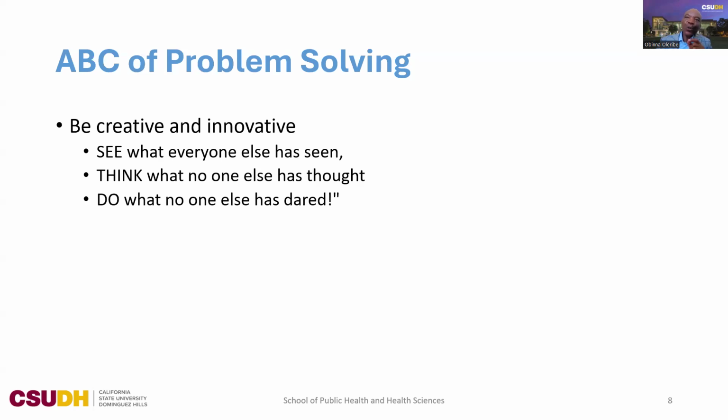Then you must think what no one has ever thought about. You analyze it from a fresh perspective, question the assumptions that other people have made, and generate new insights. And finally, you must do what no one else has dared. You take bold, thoughtful actions that others might avoid out of fear, doubt, or complacency.